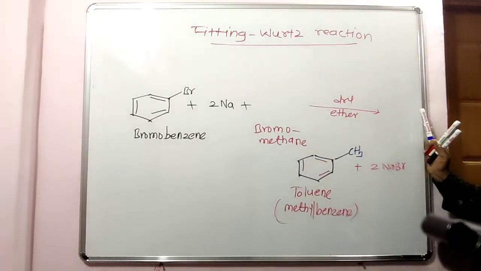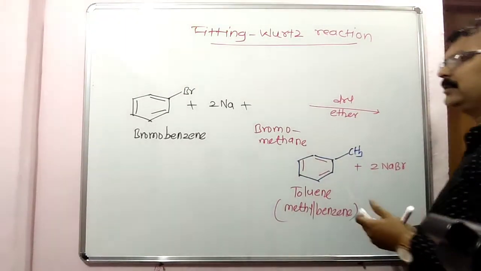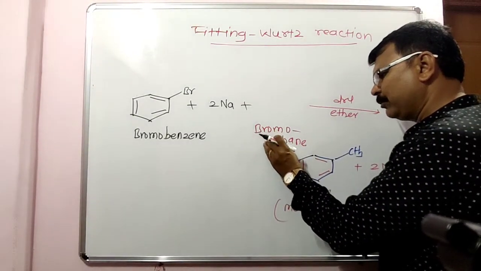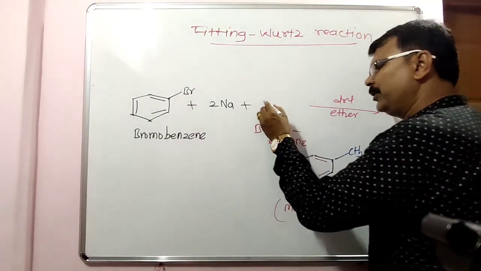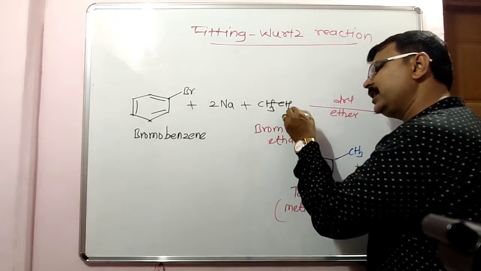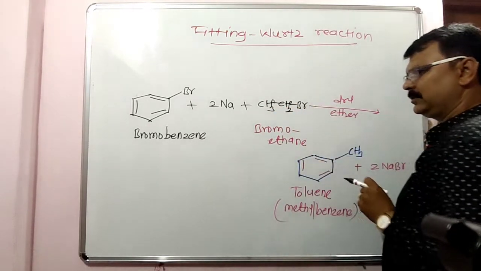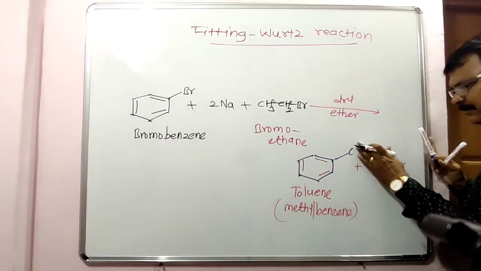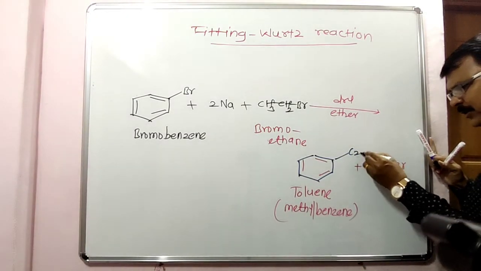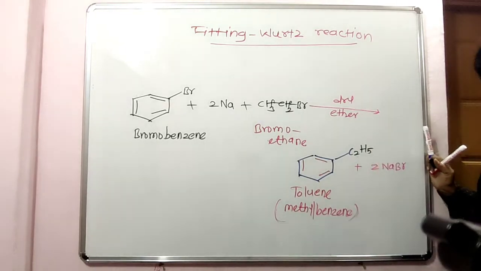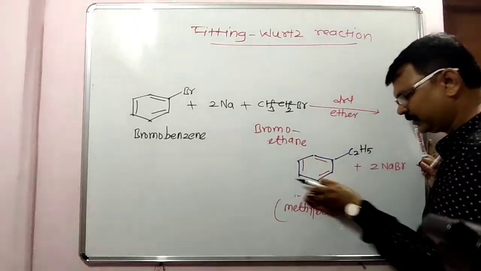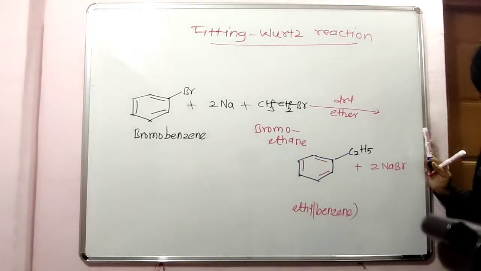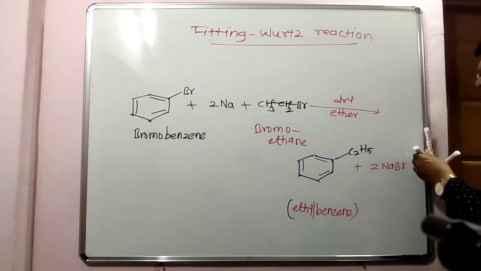What is the action of sodium metal on bromobenzene and bromoethane? Bromoethane: CH3, next CH2, next Br. What is this? Bromoethane, C2H5Br.